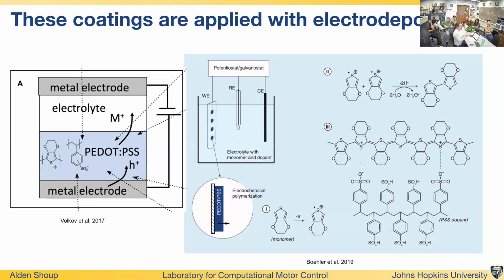And that gives you the properties of the conductive polymer, while also creating a surface that is conducive to carrying more charge. This process is pretty well documented with many different types of conductive polymers. But in this case, we use a gold substrate with PEDOT:PSS as the conductive polymer and dopant.